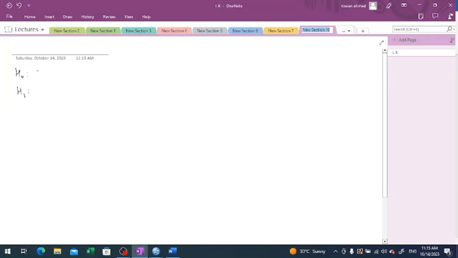In H naught we write down: weight and price are not significantly linearly related or correlated.